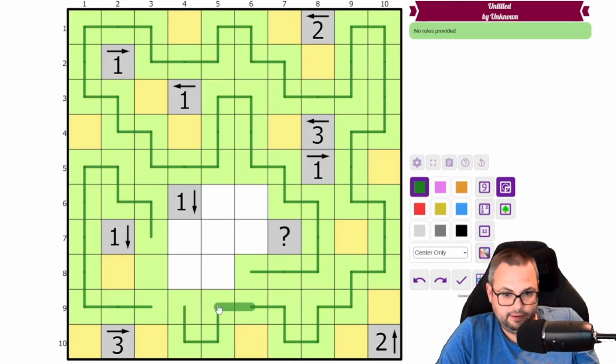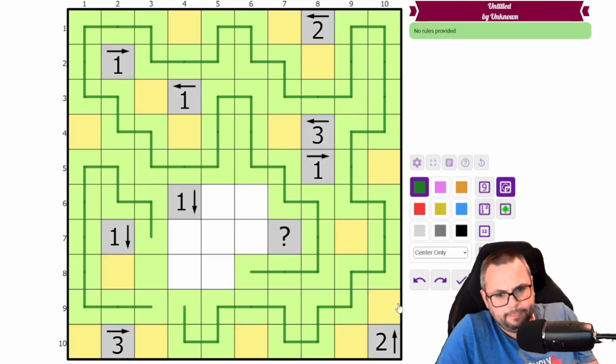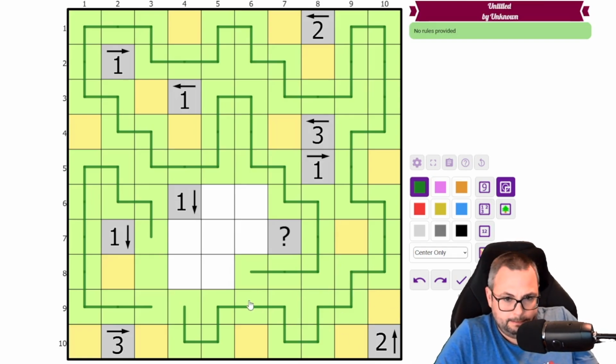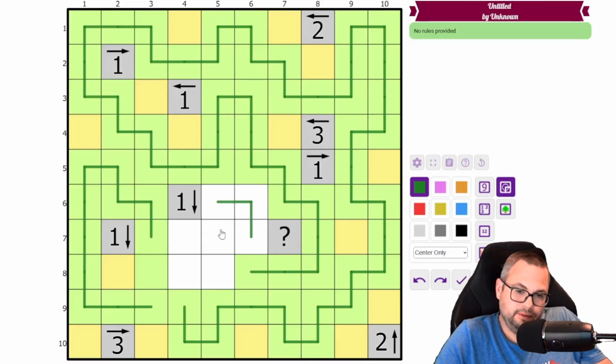Still avoiding it connects that there. We've now got our little loop circuit again because we can't make both of those black.